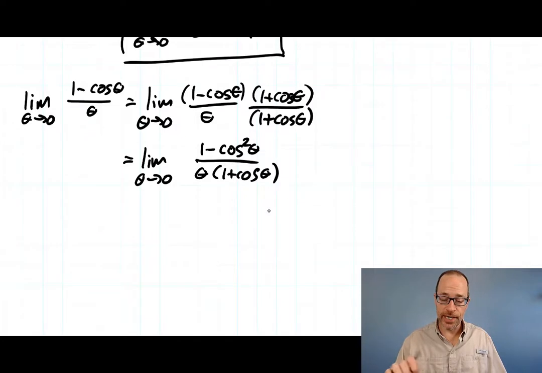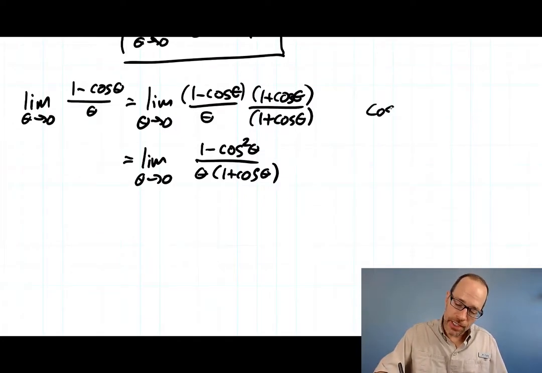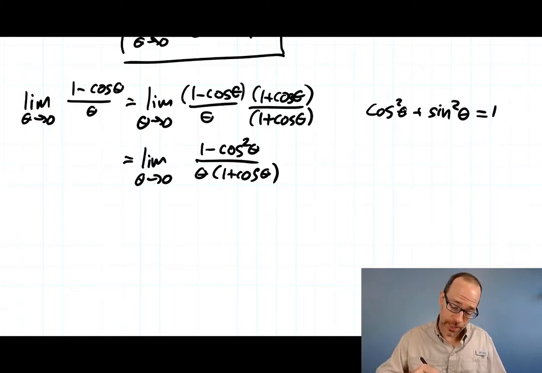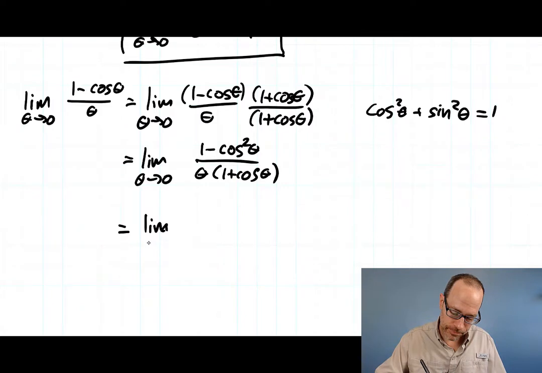Because we have this trig identity. Remember, cosine squared theta plus sine squared theta is 1. Right? And that just says that these are the coordinates for the unit circle. So anyway, that top is really sine squared theta.